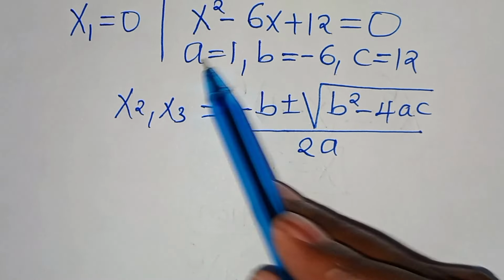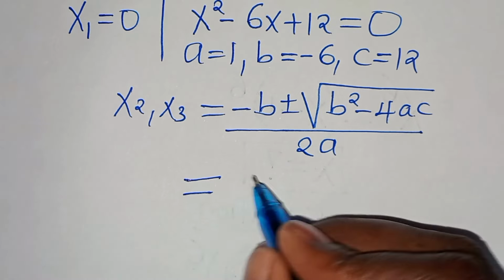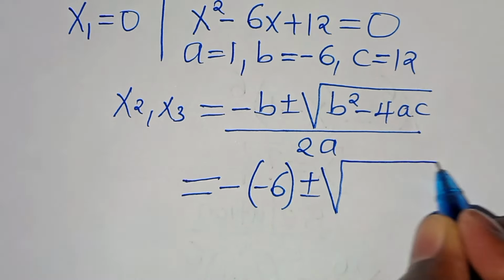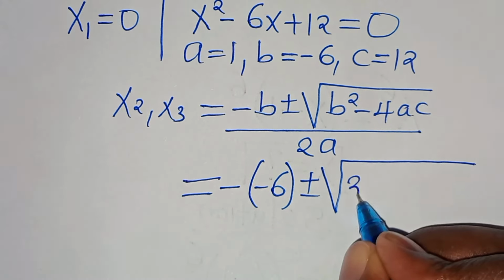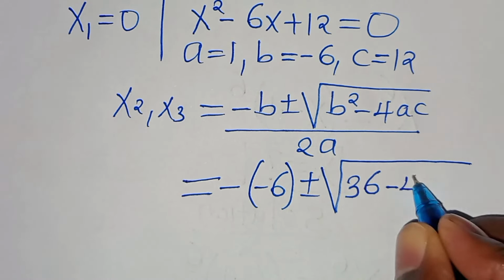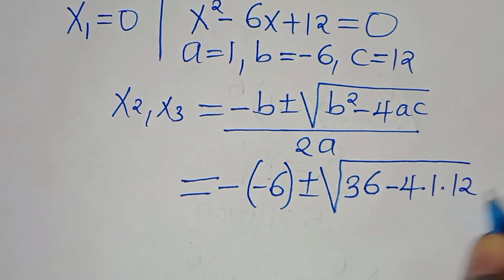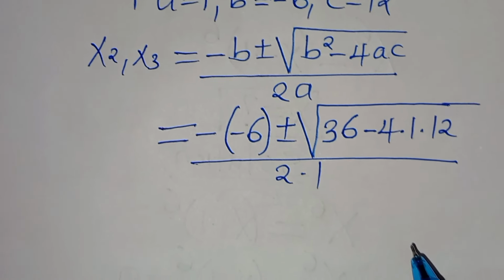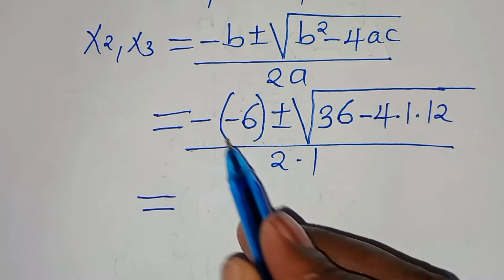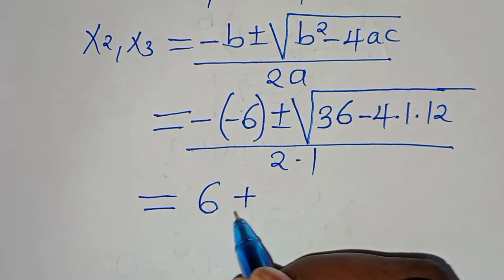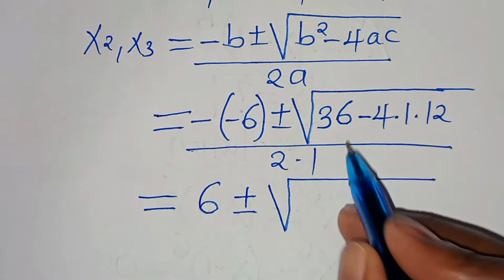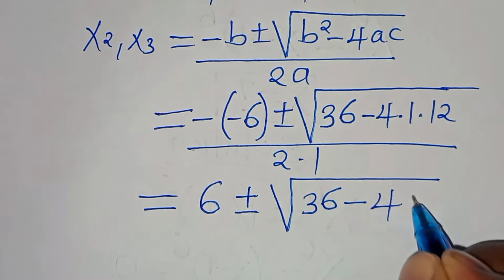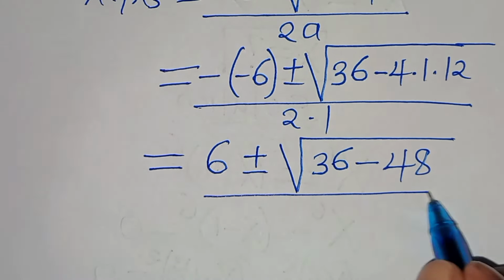Now let's substitute the values of a, b, and c so that we have (-(-6) plus or minus the square root of (-6)^2, which is 36, subtract 4 times a, which is 1, times c, which is 12), everything divided by 2 times 1. So we have 6 plus or minus the square root of 36 minus 48, everything divided by 2.